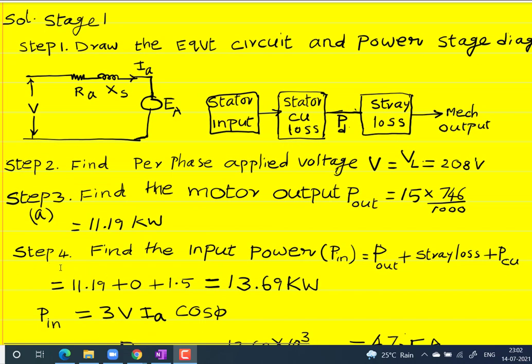Next, step 4 is to find the input power. That means we have to add all the losses to the output: output plus stray loss plus the stator copper loss.